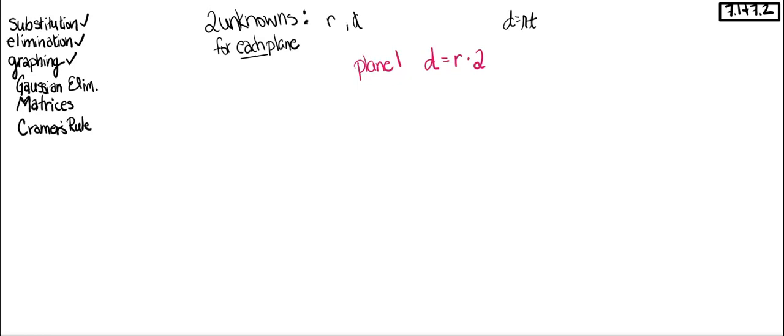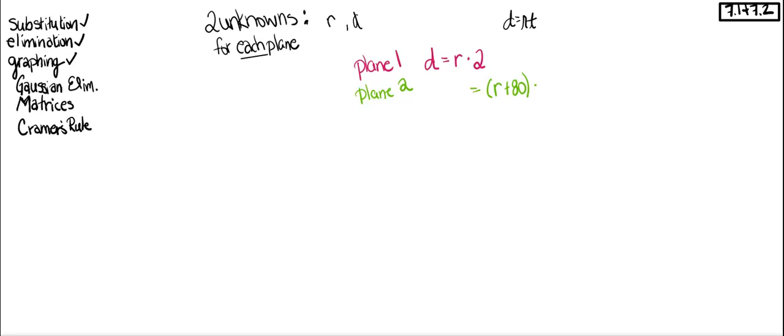Plane 2 over here, change my color. We know that it flew at a rate of 80 kilometers per hour faster than plane 1. So I'm going to take plane 1's rate and add 80 to it. And we knew that it took off a half an hour after the first plane.